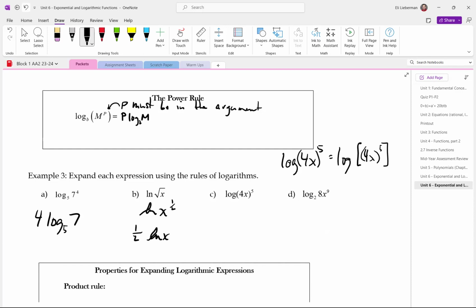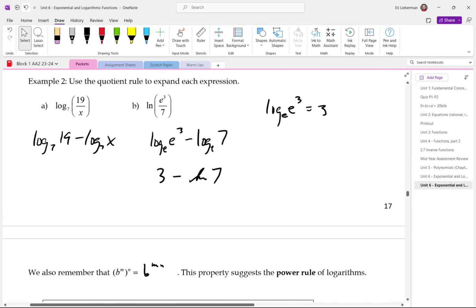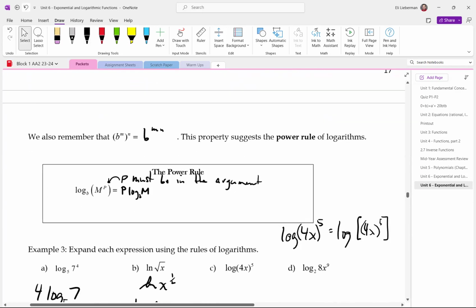So this here makes clear that the 5 is within the argument, even though here it should be clear once you understand how these work that this 5 applies only to this 4x, part of the argument. Yes, Karen. In the example, the P is inside the parentheses, and then you said if it's outside the parentheses, or outside the argument, then it doesn't work. Yeah, outside the argument.